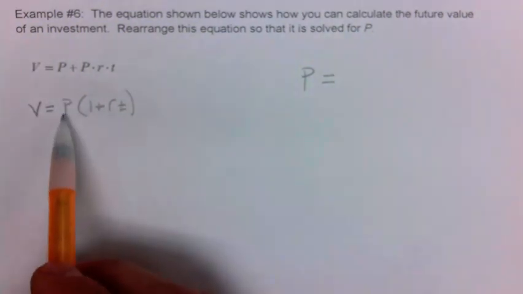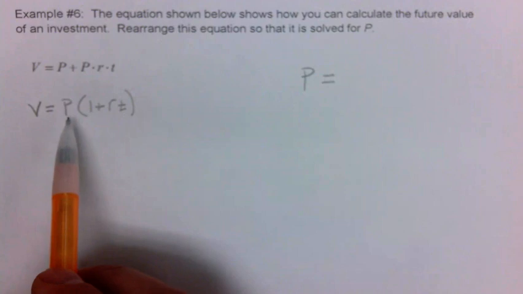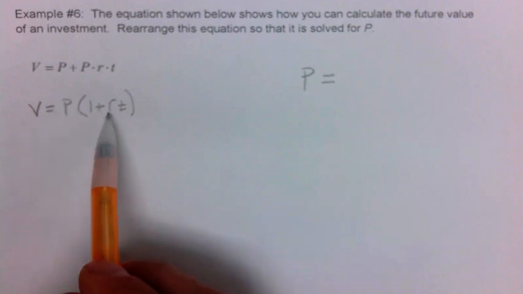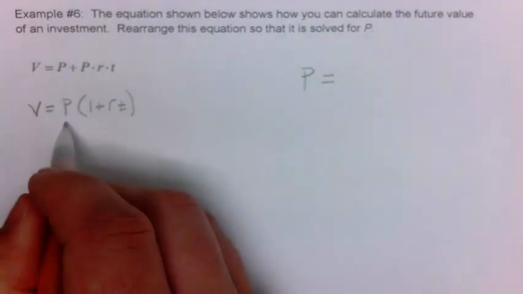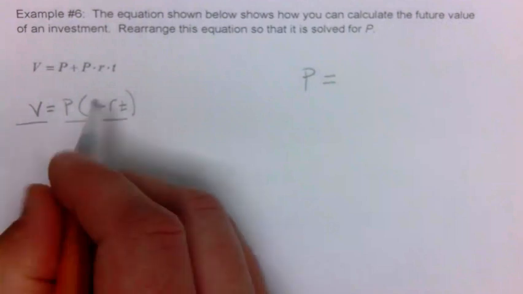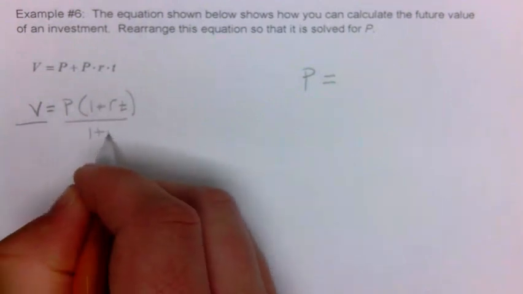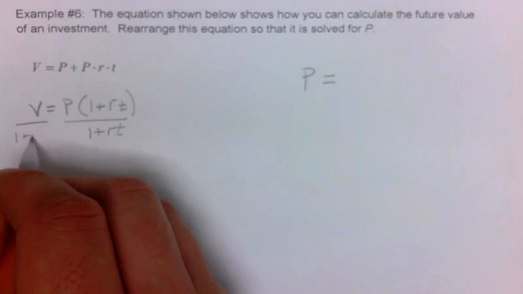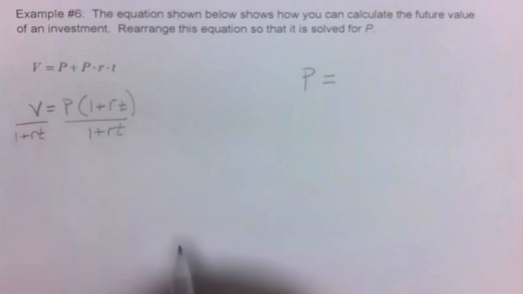Now the variable P only shows up once in the equation, and it's going to be very easy for us to isolate the variable P. P is multiplying 1 plus RT, so to isolate P, we're going to divide each side of the equation by 1 plus RT. Divide each side by 1 plus RT.